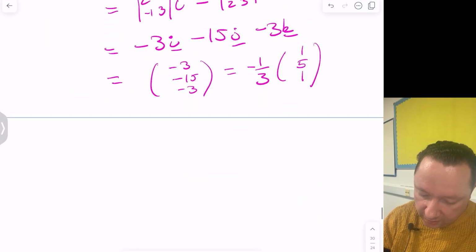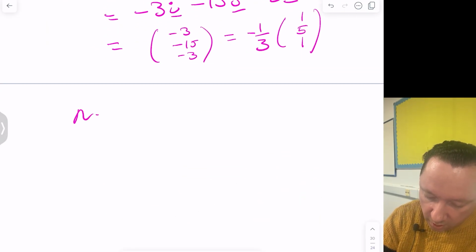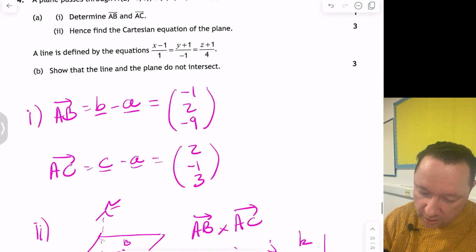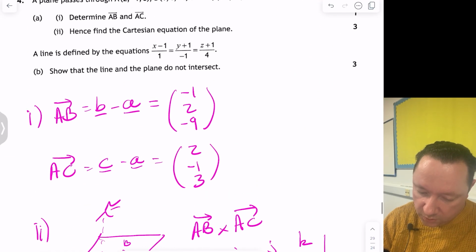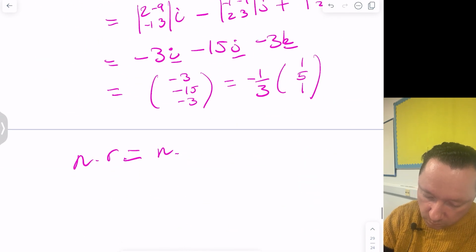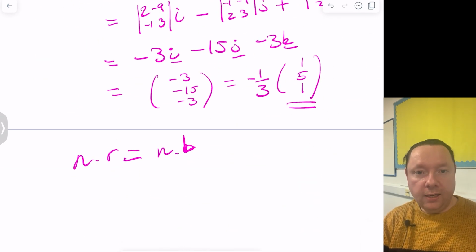Just remembering that we then just do n dot r equals n dot a, b or c, doesn't matter what point you use. I think I'm going to use b because the numbers are easier, 1, 1, minus 1. So I'm just going to use that as my normal because why not, any normal will do.